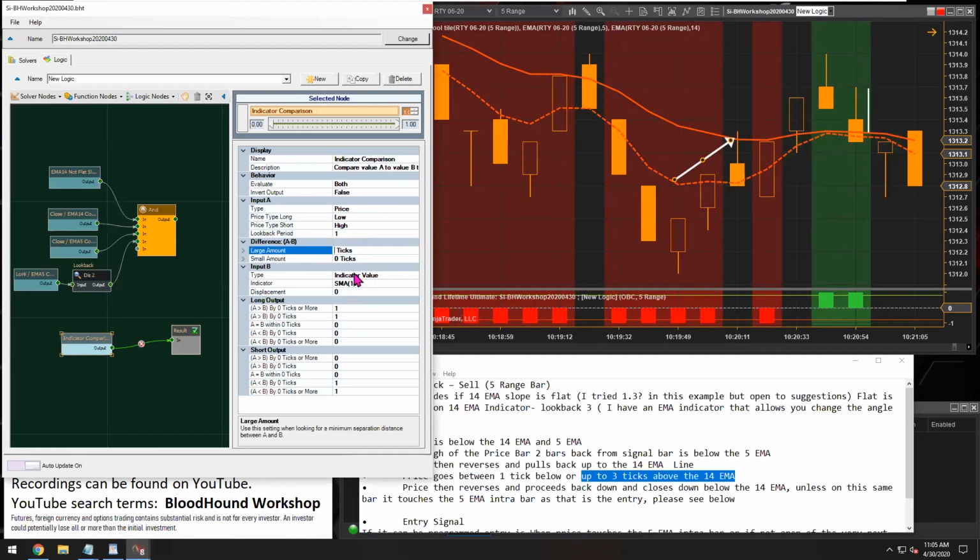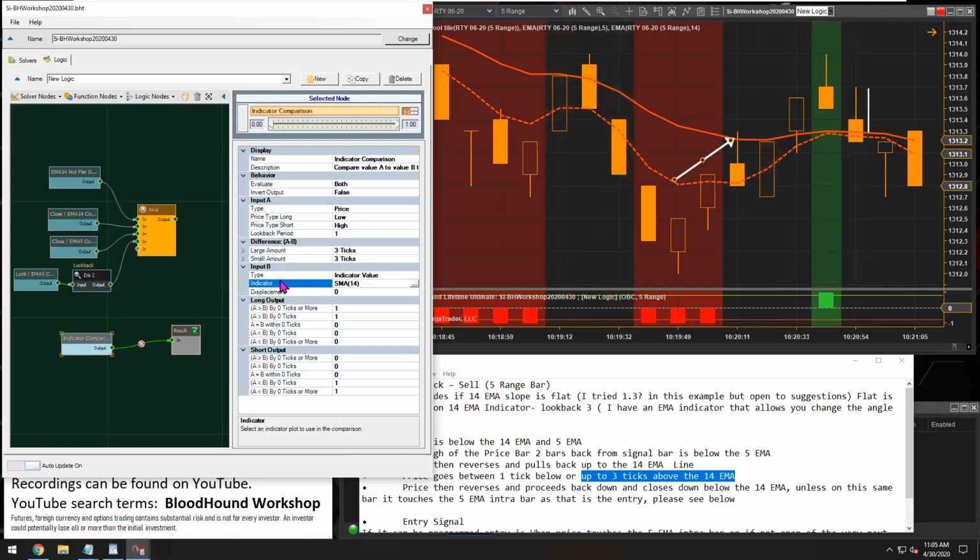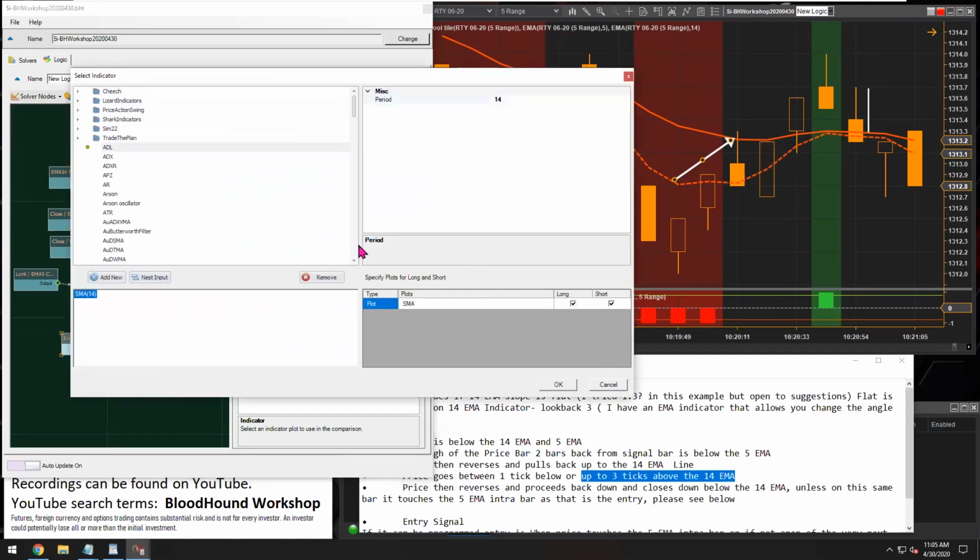And so we have this basically 3 tick limit here, so we'll put in 3 tick in our difference. And then input B, that's going to be our EMA. There's our EMA, and we're using the 14 period.